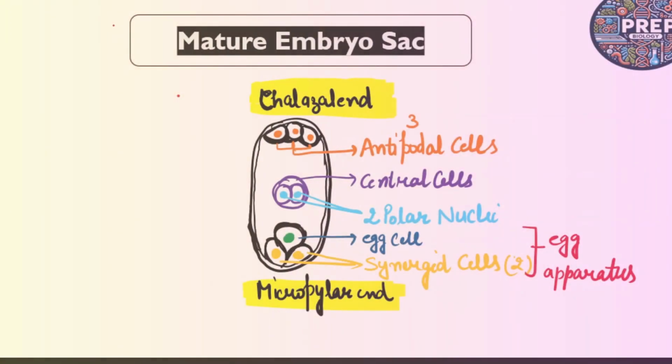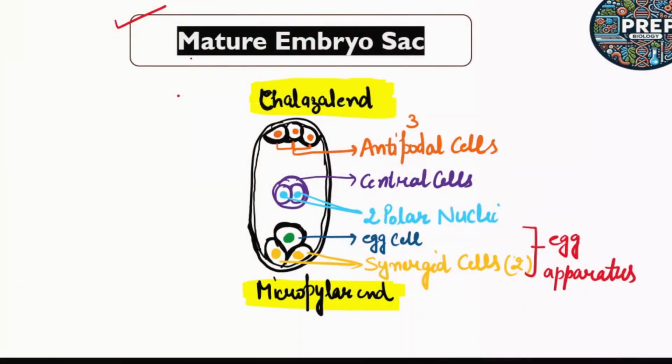Now, let us see the structure of the mature embryo sac. We have discussed the micropylar end and the chalazal end. These are the 2 ends in the structure of the ovule. At the chalazal end, three cells are present, and each cell has its own cell wall.